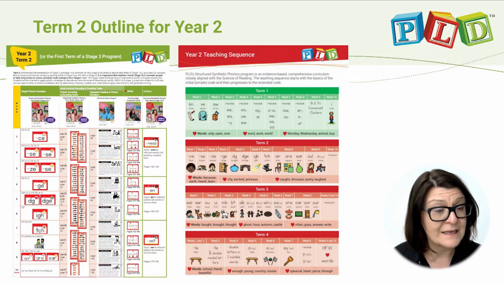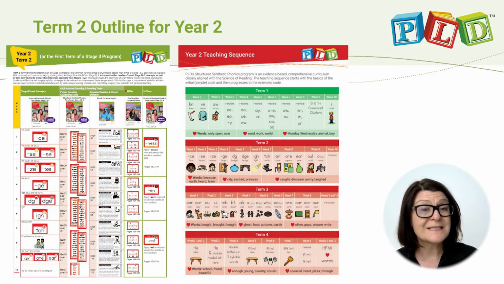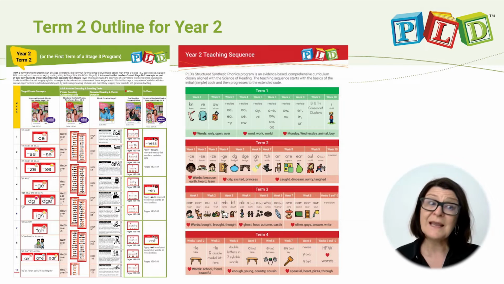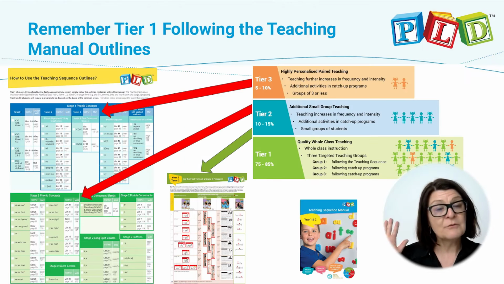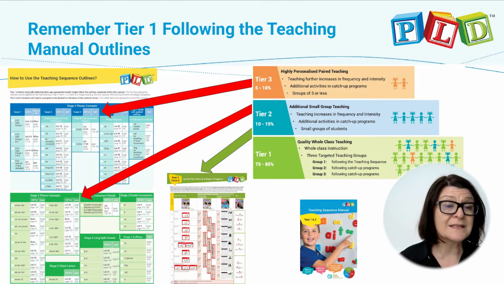Likewise, in Year 2, your Tier 1 student should be embarking on Stage 3. Or if they're a tier behind, they're still filling in some of the gaps in Stage 2. So remember, those teaching sequence outlines are not for the entire class.